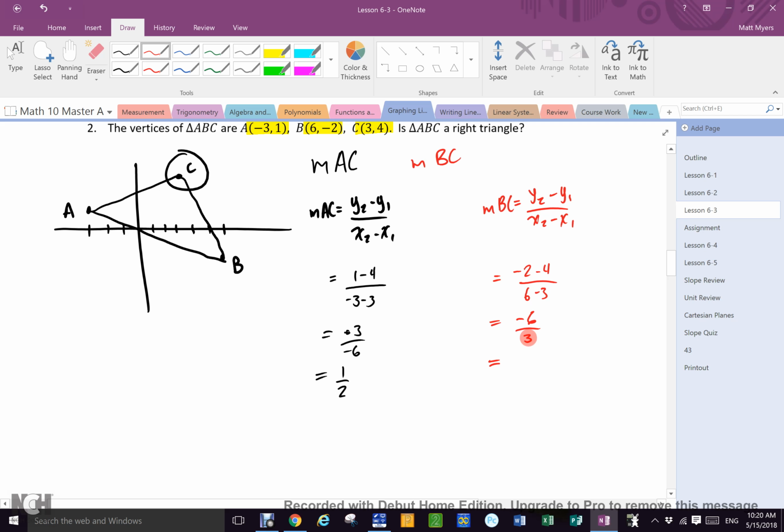What is negative 6 divided by 3? Negative 2. Are those opposite reciprocals? Yes. So is it a right angle triangle? Yes. Triangle ABC is a right triangle. Yeah?